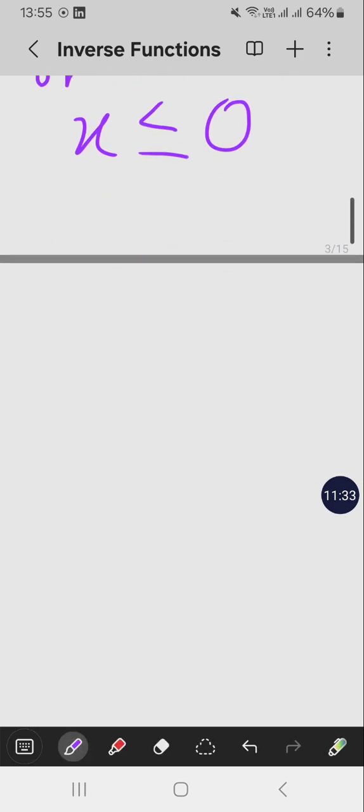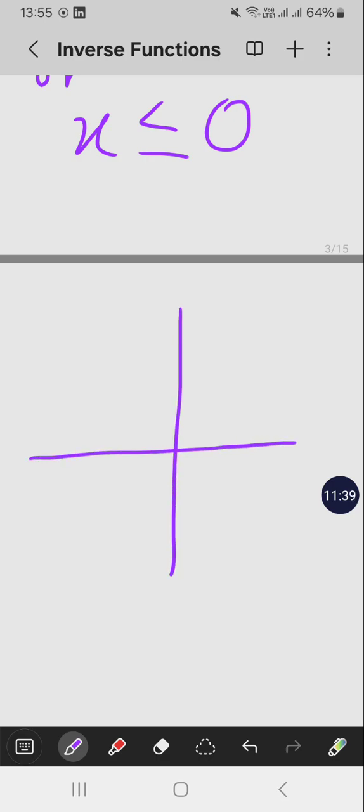So if I roughly draw the parabola here, the parabola looks somewhat like this.